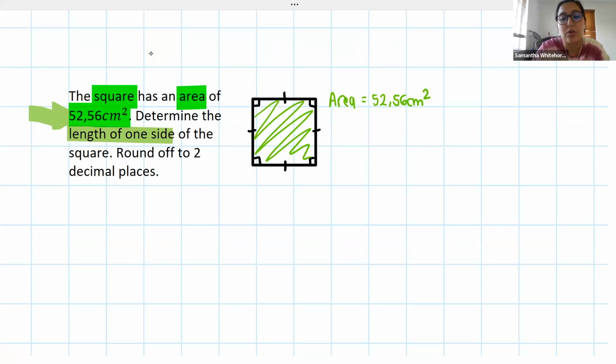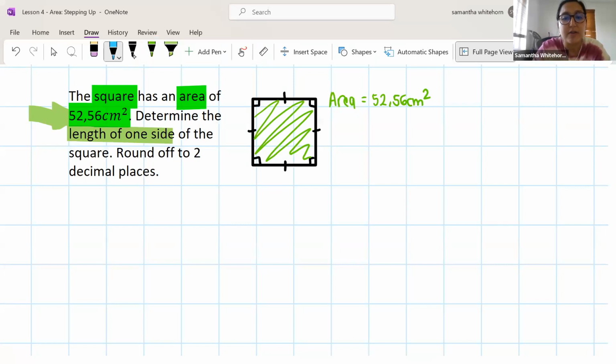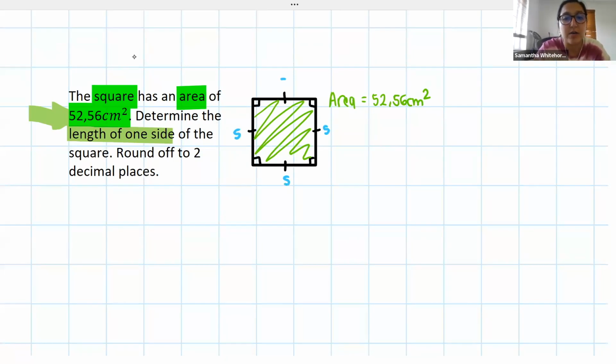So I want you to work backwards now and figure out what these side lengths are. Like I say, it's the same question, I just changed the number. So if you're feeling a bit stuck, go back to your screenshot, look at what we did in the last example, and let's see what we get. And remember, 2 decimal place rounding off.